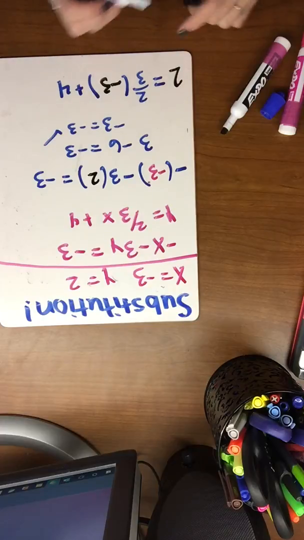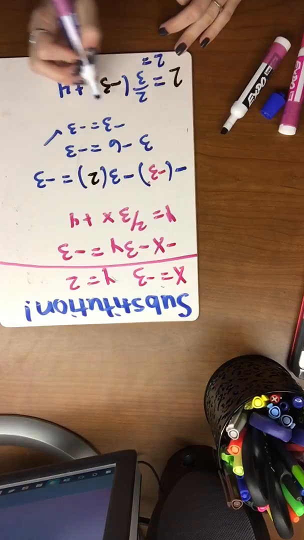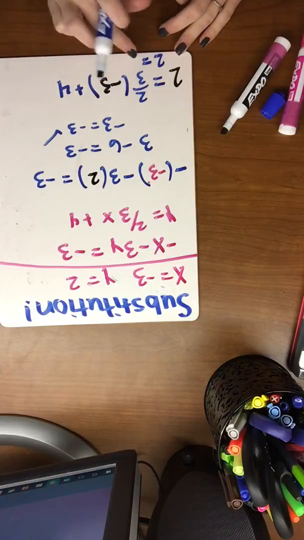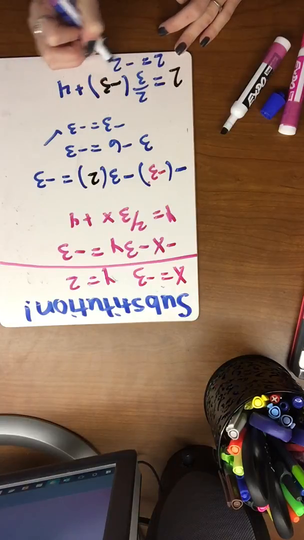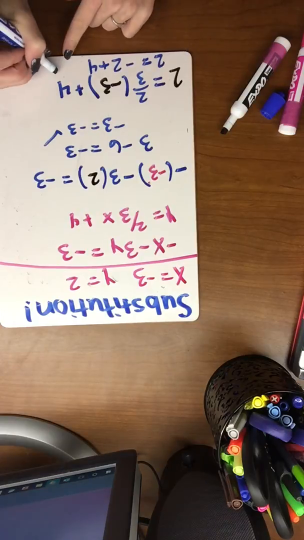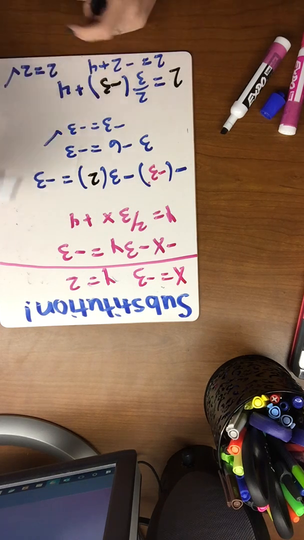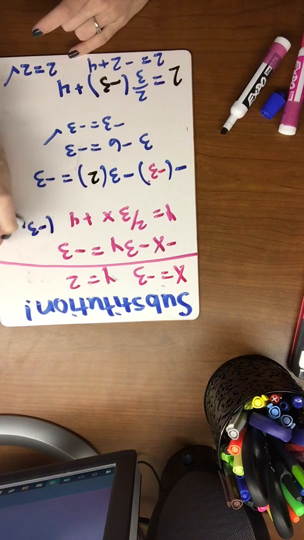Well, 2/3 times -3 is -2, plus 4. -2 plus 4 is 2. So that works. Therefore, the solution to these two equations is -3, 2.